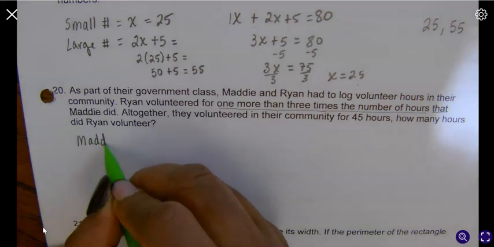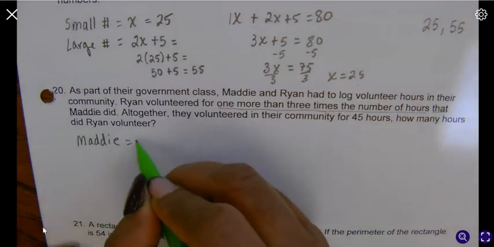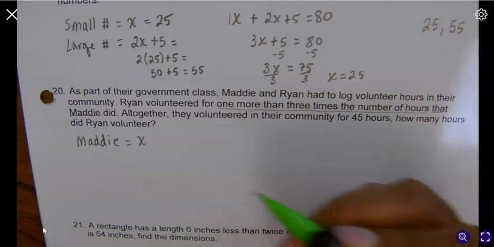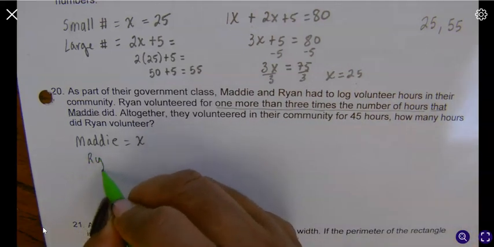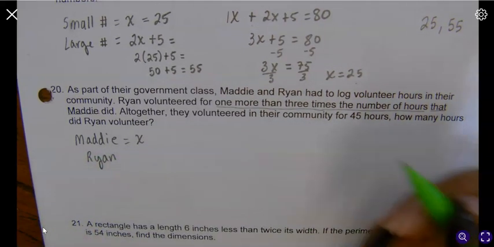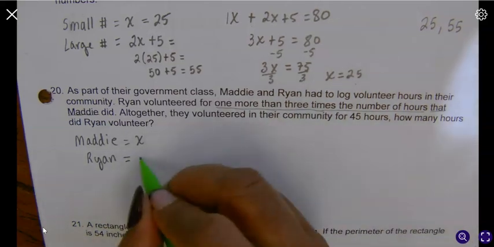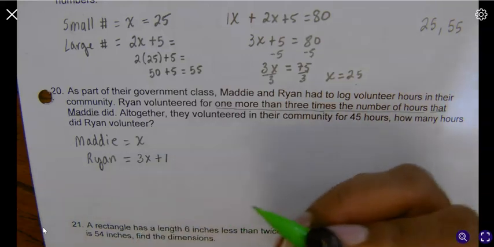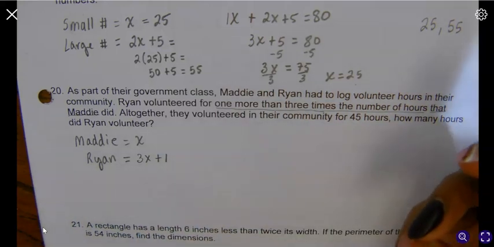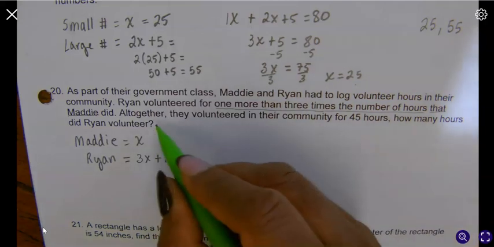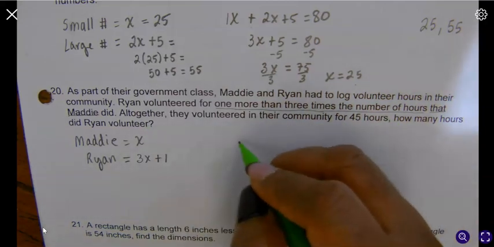I don't know how many she had, but I'll just say that she had x number of hours. And then Ryan volunteered for 1 more than 3 times. So 3 times Maddie's hours plus 1 more of that. So there's that. Altogether, they volunteered for 45 hours.